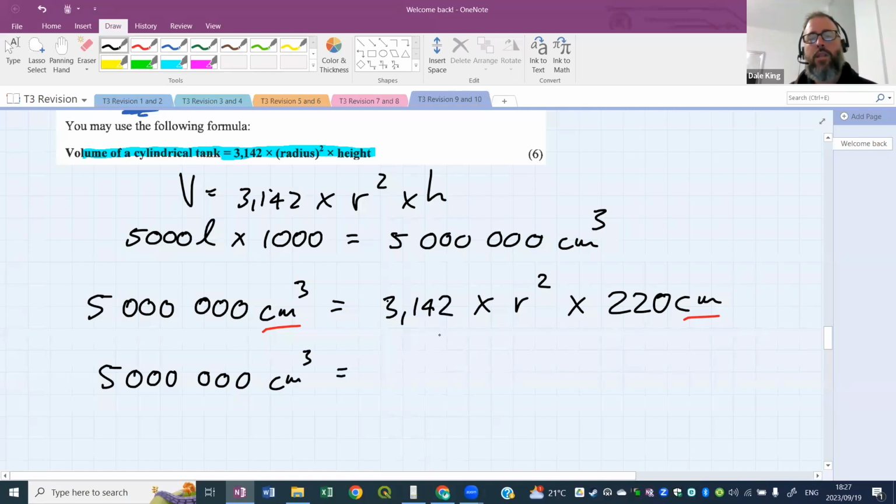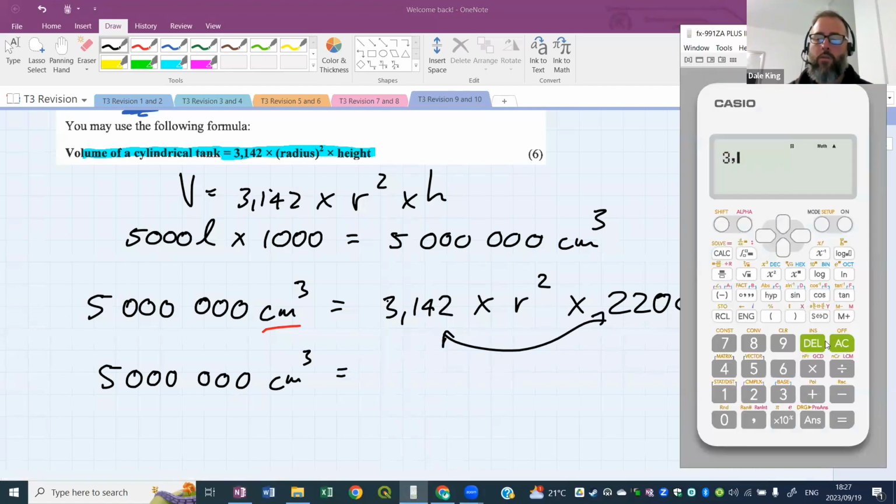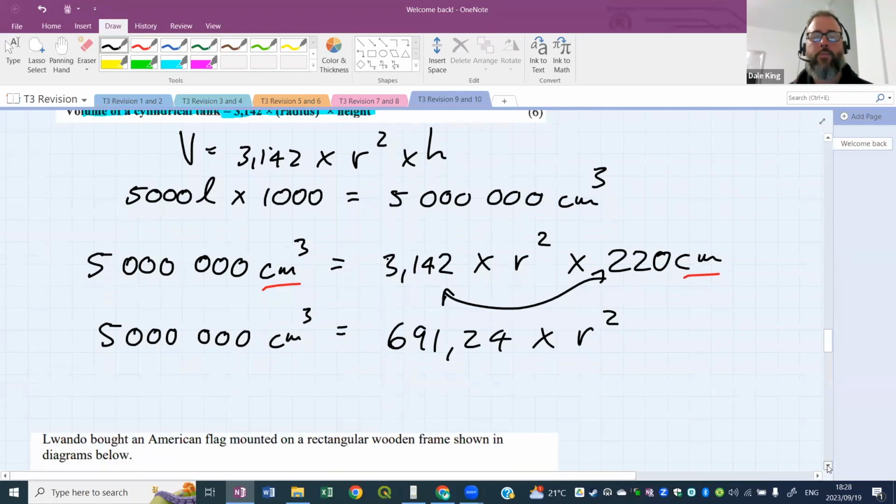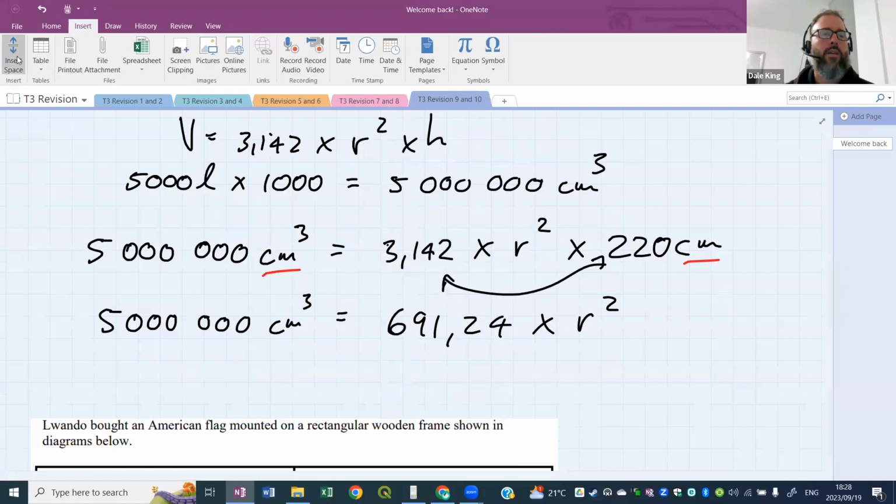He's saying put these two numbers together, multiply them together. So that's what we're going to do. You're going to say 3,142 times 220, and that gives us 691,240. But we still have the times R squared. All right, Ben? Yes. Now what?